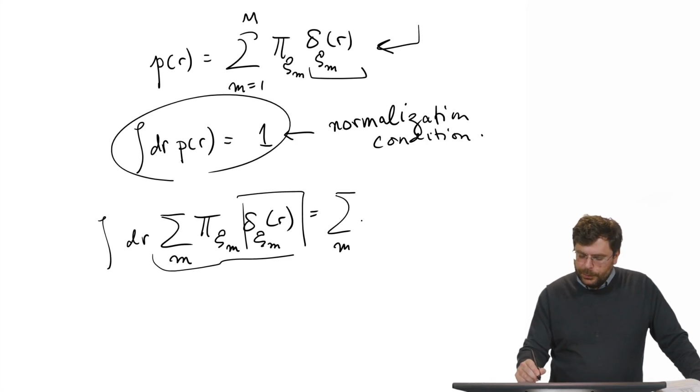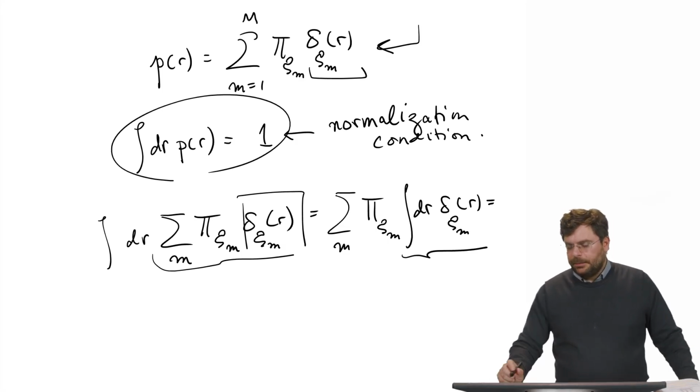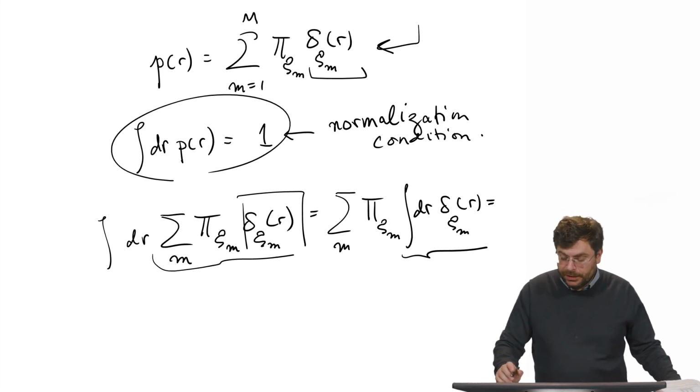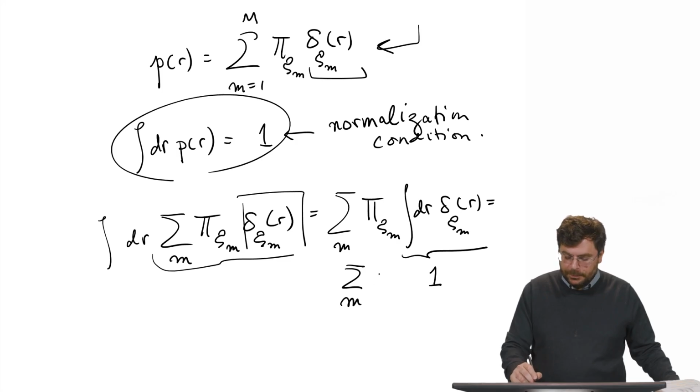So I'm going to move my integral dr past the pi. Now, if we remember what I said last time, at some point r will be equal to rho sub m. When that happens, the delta function here will integrate to 1. And what I'm left with is a sum of pi rho sub m.